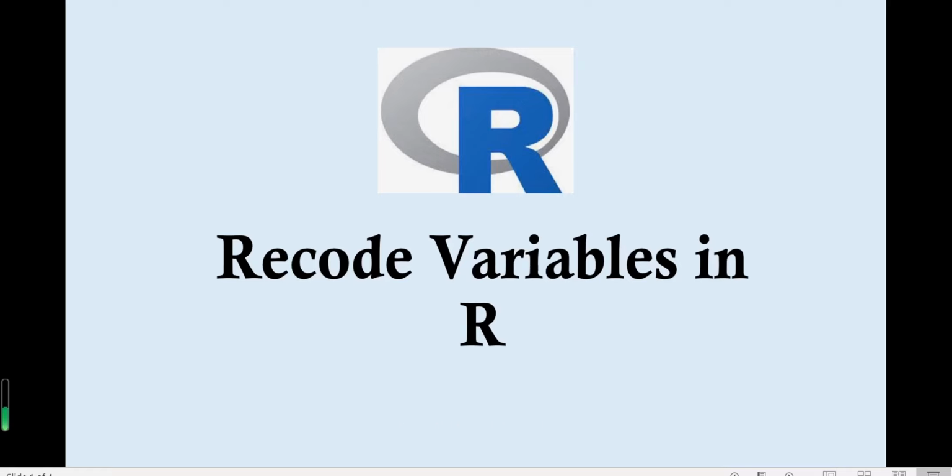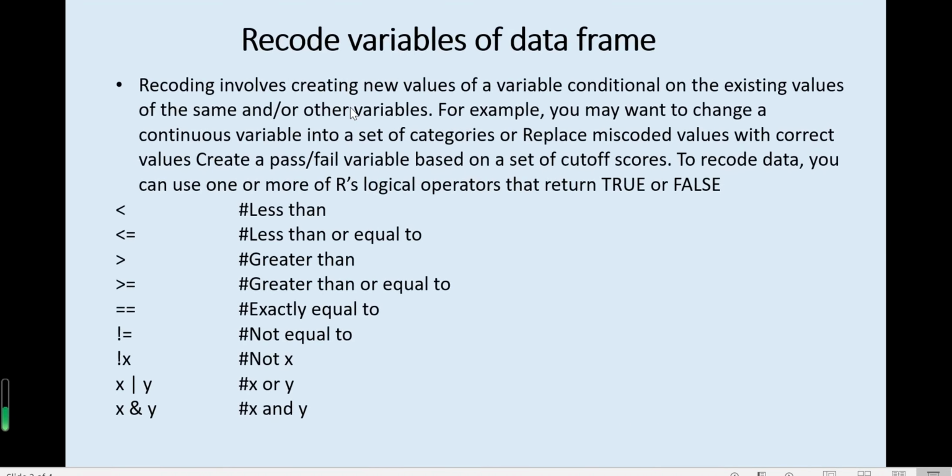In this video, we will talk about how to recode variables in R. When we do data analysis, usually the data you have created or read from files are not exactly the data type that you want to use.